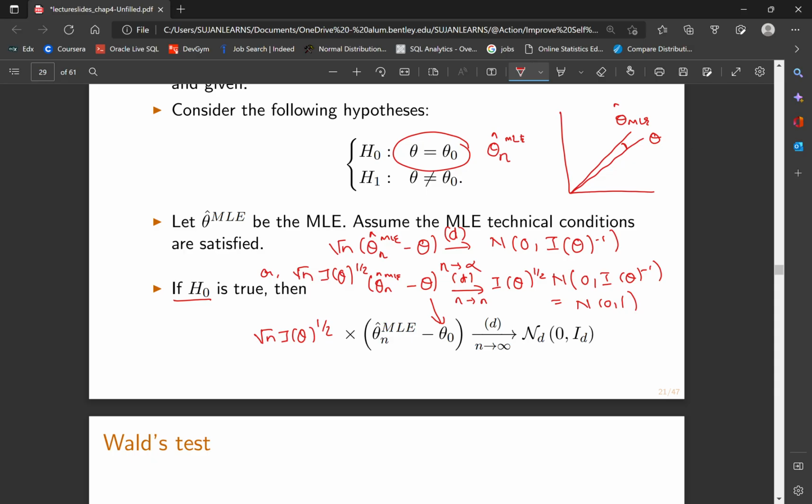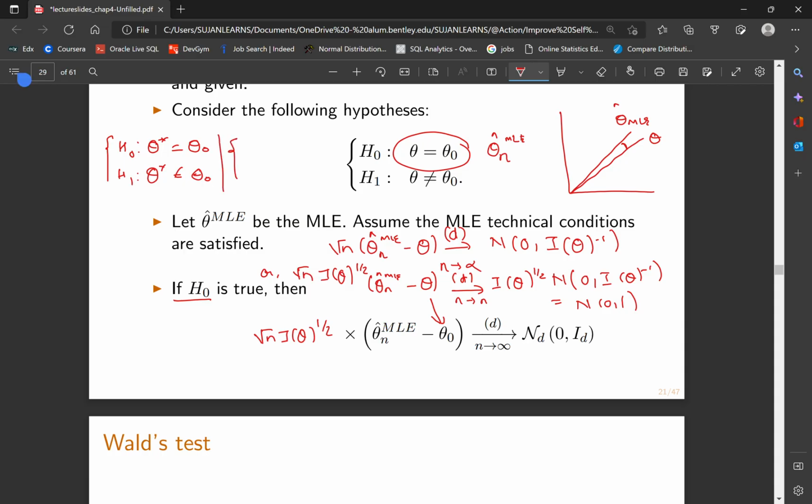Now let's see the different hypotheses. H0 can be that theta star, which is the true parameter, is theta naught, and H1 is that theta star is not equal to theta naught. That's version 1.